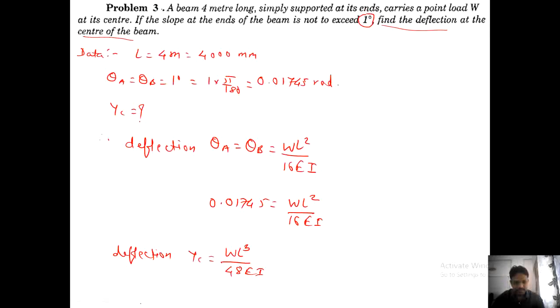Okay, see here we are adjusting our deflection. So YC is what? WL cube by 48 EI. So I am writing like WL square into L by 48. So I am writing 16 EI and the remaining 3 here. So what becomes WL cube by 16 into 3, that is 48 EI.